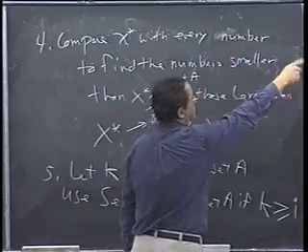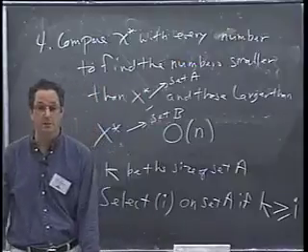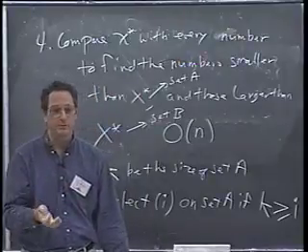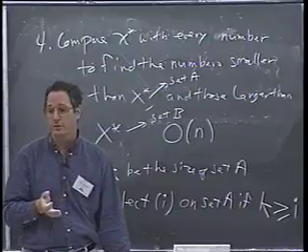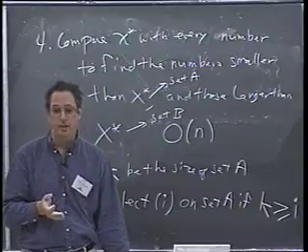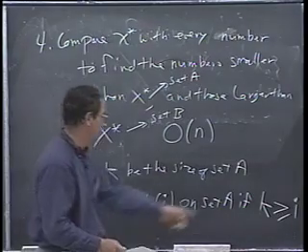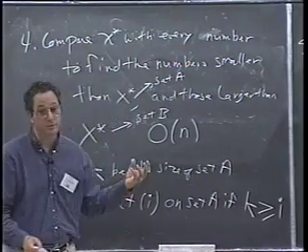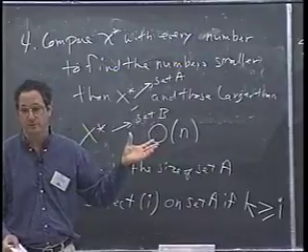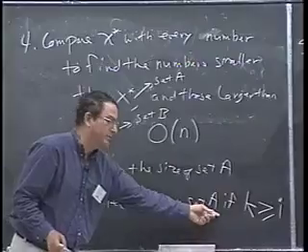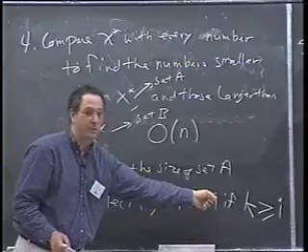I'm in this select where I'm trying to find the ith smallest, and I found an element, x star, and a whole bunch of elements that are smaller than x star. In fact, there are k of them, and k is bigger than or equal to i. And I know that the other ones are all bigger than x star. So where's the ith smallest? It's in set A. So you want to recurse on set A, finding the ith smallest.